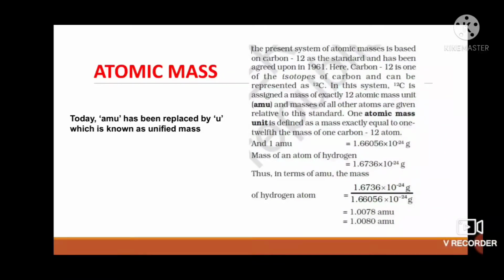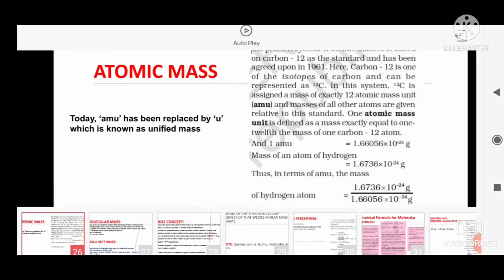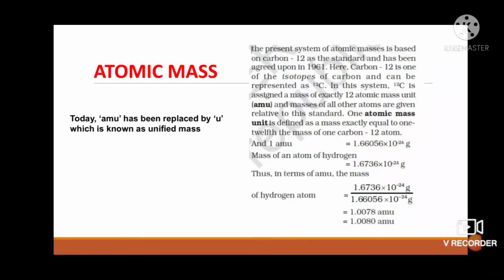But it was later found that hydrogen is a very unstable element and it has isotopes. Isotopes are atoms of the same element which have different masses. So it is difficult to determine the atomic mass of other elements by taking hydrogen as the standard.